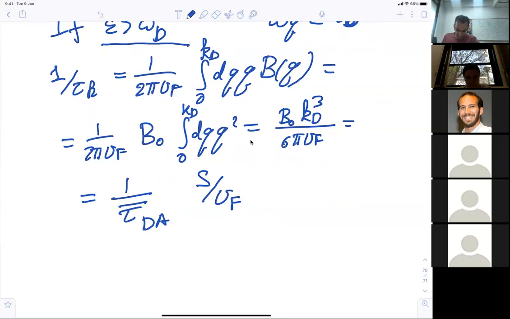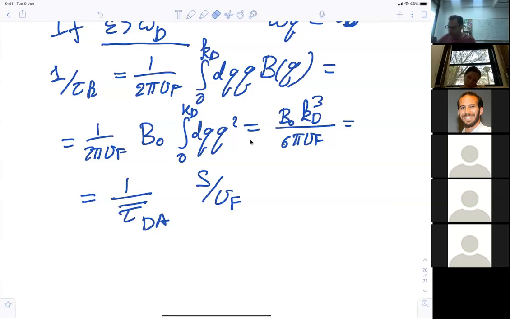So we see that the scattering rate that we got now is parametrically smaller than the scattering rate in the case of large temperatures.